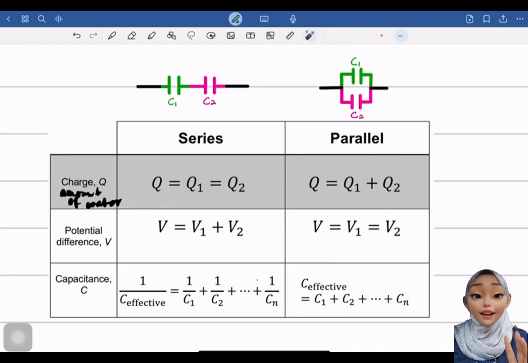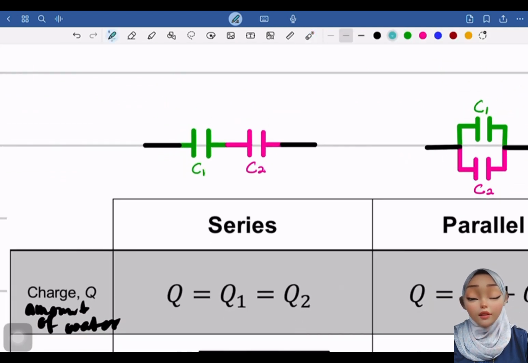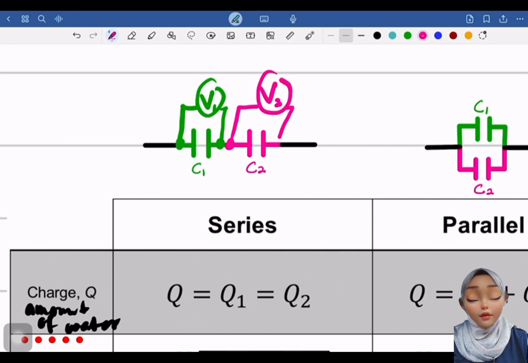Okay, now let's take a look in terms of potential difference. So for potential difference, let's say we have voltmeter 1, this is V1, and voltmeter 2, I'm going to put it here, V2. Now here we can see that each voltmeter connects to different points.